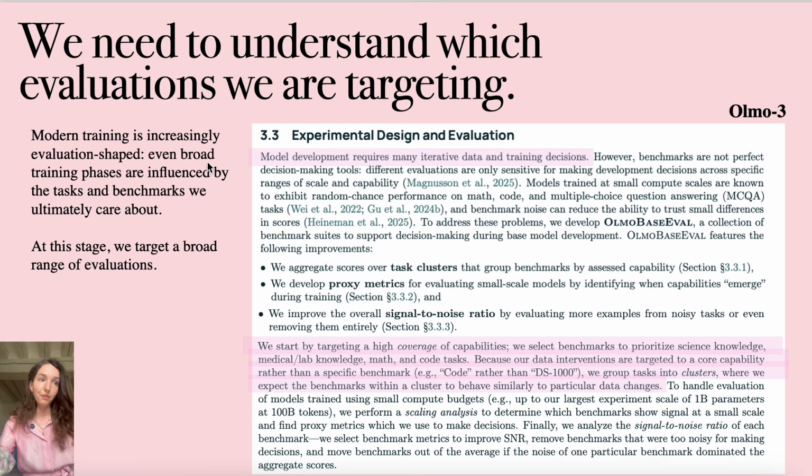Even broad training phases are influenced by the tasks and benchmarks that we ultimately care about. For example, the OLMo-3 paper writes about how they create the OLMo-Base-Eval benchmark suite that can support decision-making during base model development and targets a high coverage of capabilities, spanning math, code, medical knowledge, and so forth. But basically, already at this stage, you need to know a little bit: what am I training for?